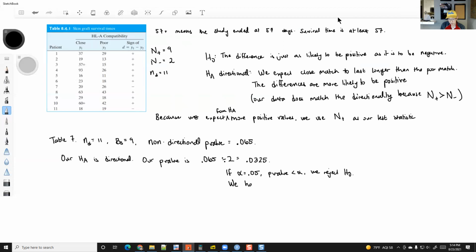We have evidence that survival time of skin grafts with a close HLA match last longer than skin grafts with poor HLA match.